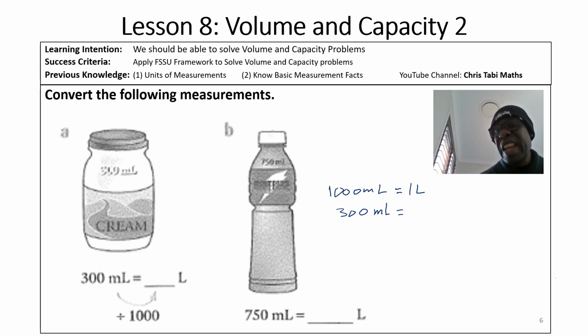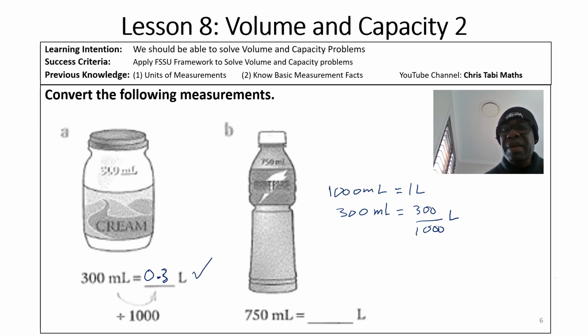Well, of course, it will be less than a liter. So you divide. So it will be 300 divided by 1,000, and that will be in liters. So that's precisely the calculation we do here. And because we're dividing by 1,000, you just move the decimal point 1, 2, 3 places. So that gives you 0.3. Don't need a calculator for that. 0.3 liters.